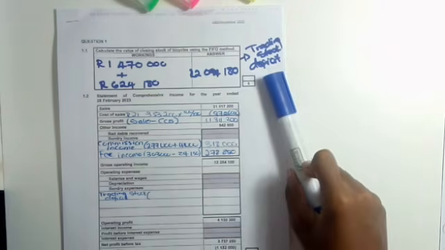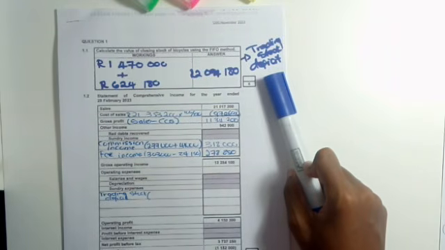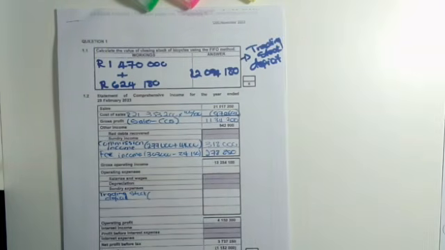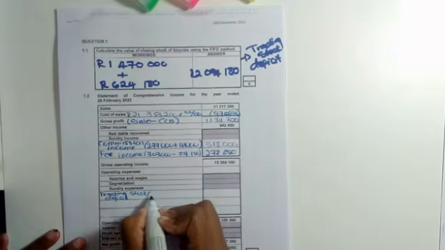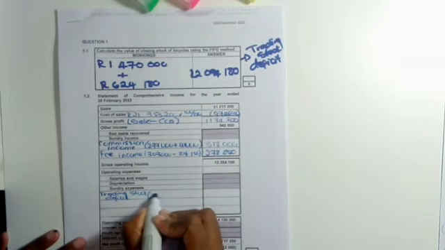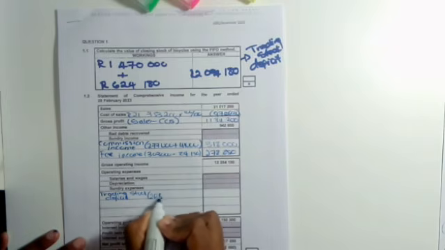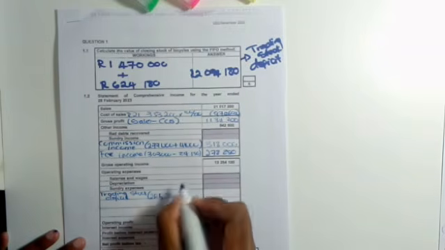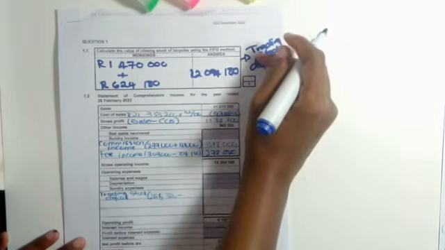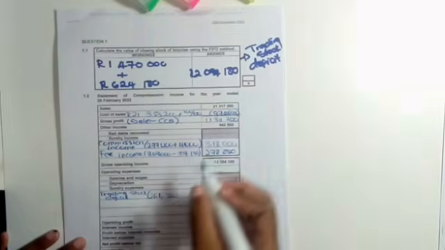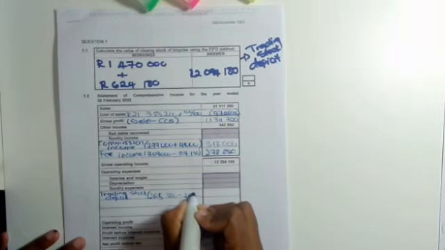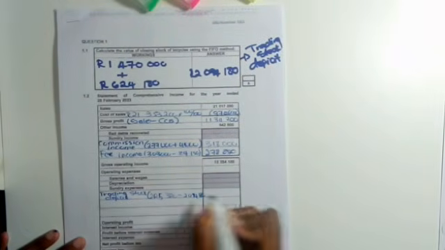And now we are going to our operating expenses, and the first expense, before we forget, is that trading stock deficit we started by calculating in 1.1. In order for us to get our deficit, we are going to first start by entering the amount that is given to us in information A, 2,125,380, and we are going to minus the amount that we calculated in our 1.1, which was 2,094,180.